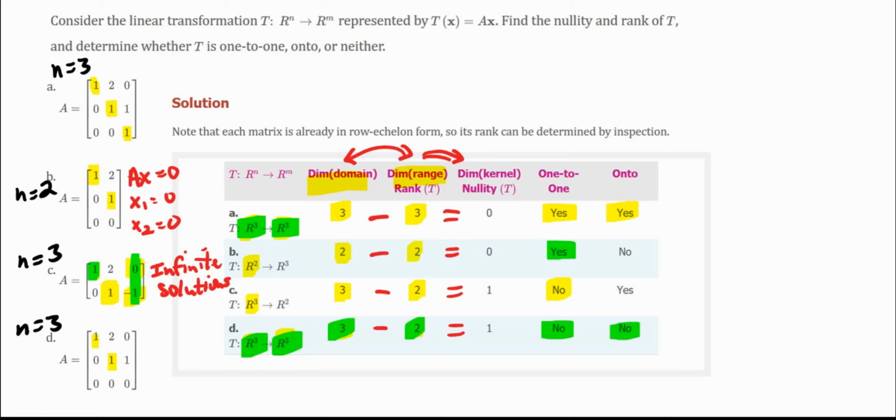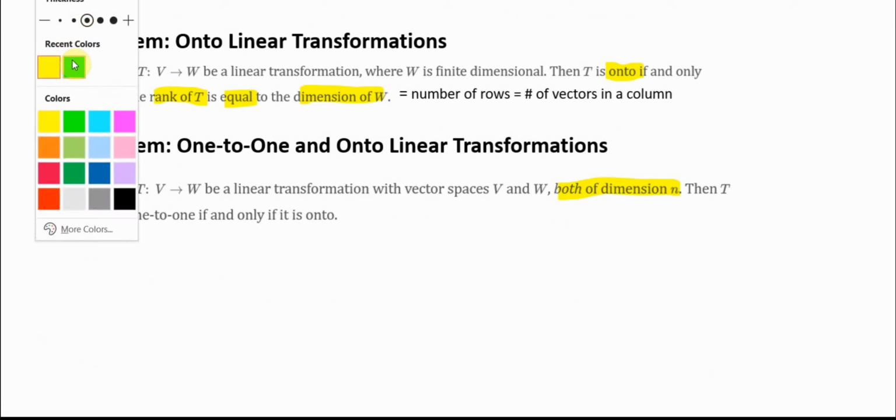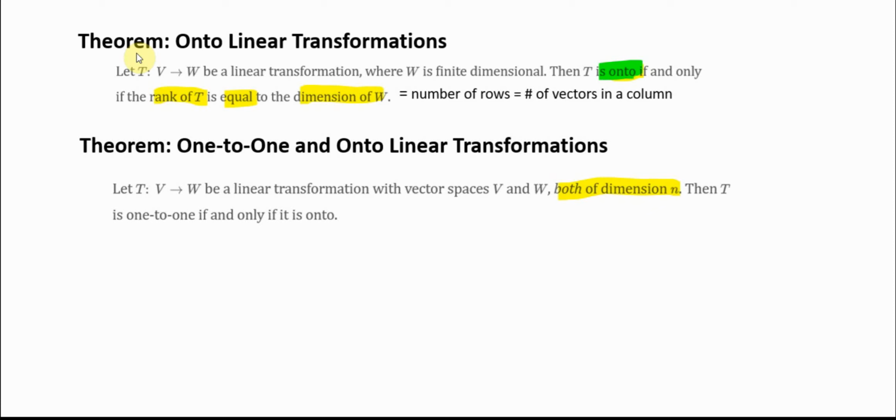Now, in terms of onto, we said that if you go back, we can kind of scroll back to it. This is the theory that we use, that T is onto if and only if the rank is equal to the dimension of W. See, W is the domain, right? So here that's equal to the number of rows or the number of vectors in the column.